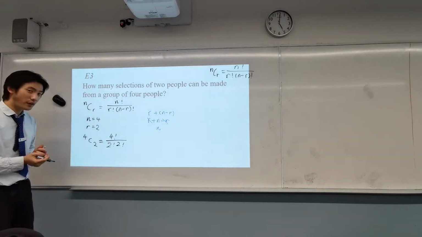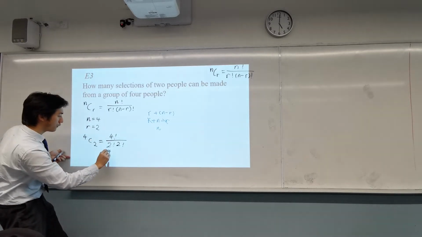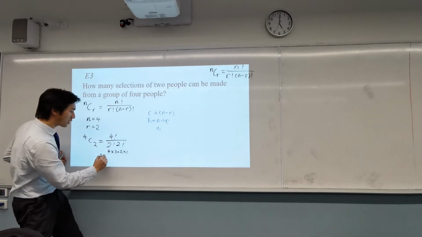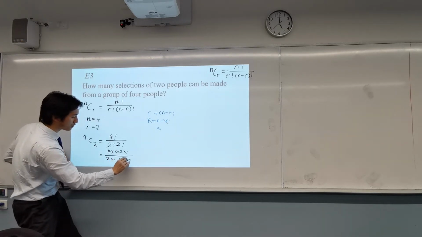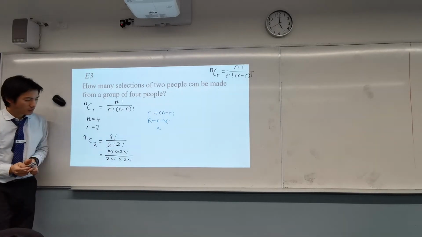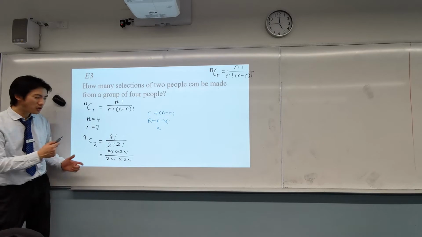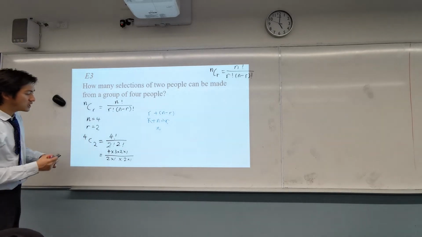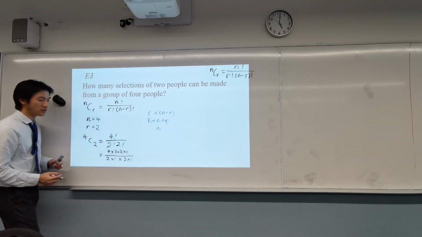Now let's go ahead and evaluate these factorials. At the top we've got 4 times 3 times 2 times 1. And at the bottom we've got 2 times 1 times 2 times 1. The numerator seems like the number's going to be very big. I'm not going to multiply everything together because I can spot that there are a few numbers that can cancel out.